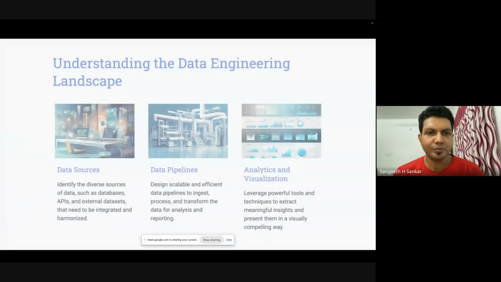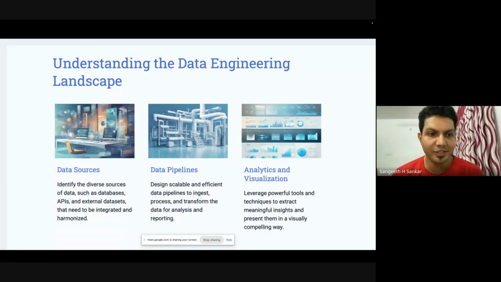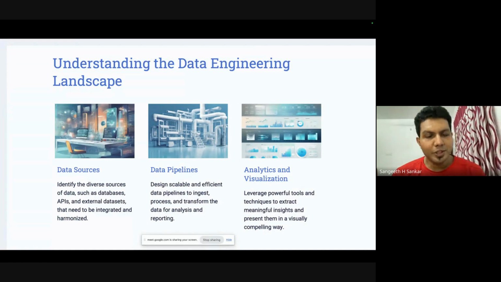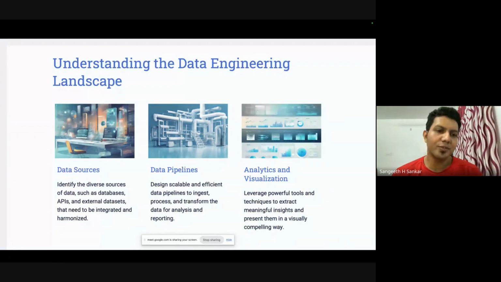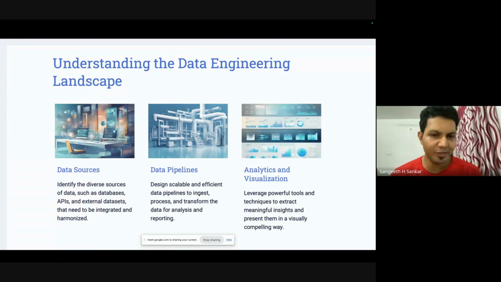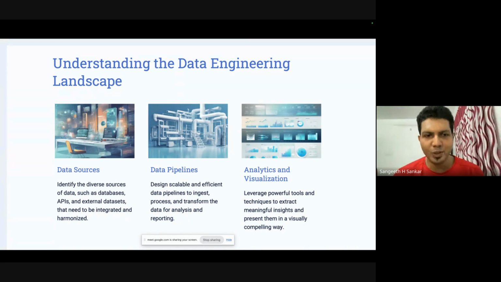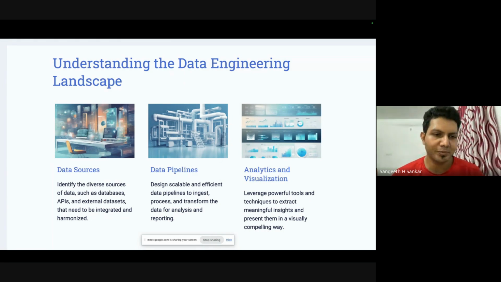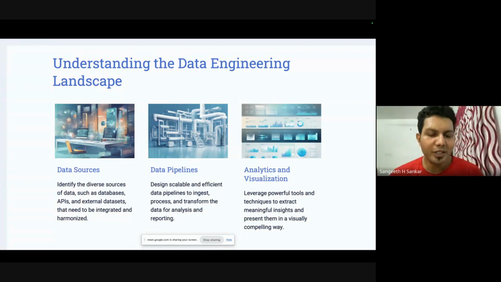Moving on. Let's quickly understand the data engineering landscape itself. There are different components when you are dealing with data engineering. You have the heterogeneous data sources. That could be transactional data, or order information if you make a purchase on Amazon or Flipkart.